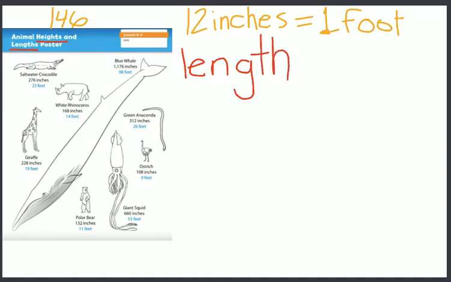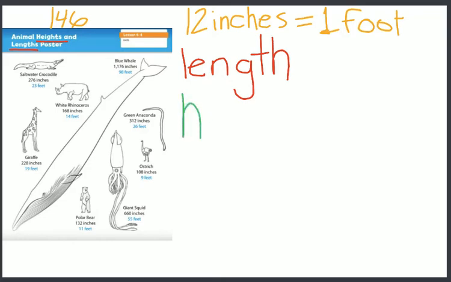Length is the distance across something from one end to the other. So think about a boat. The length of a boat is from end to end. And then we have height.